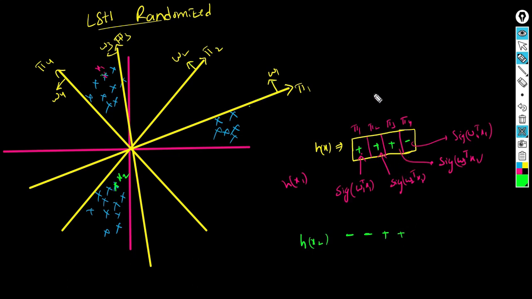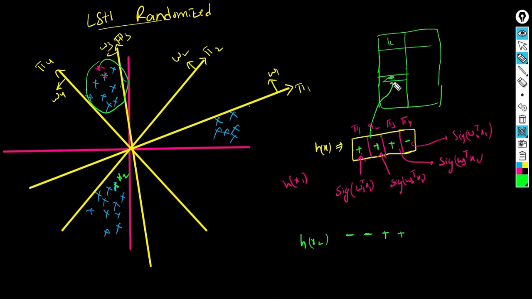By mapping like this, suppose this is the hash table. With this key we are going to make a group. All these points are going to be here with this hash key value, and these are the points that we will get here.